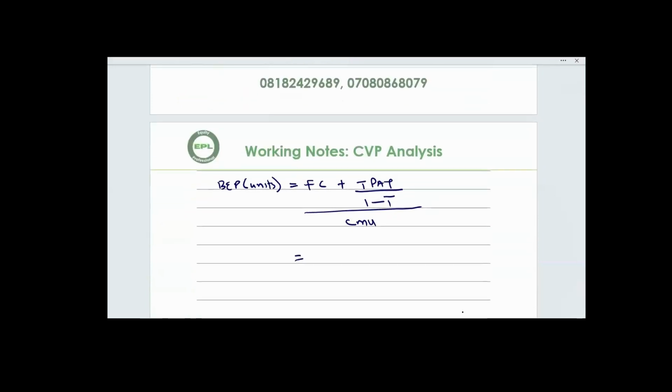Therefore, my fixed cost is 972,000 plus targeted profit after tax of 100,000 naira. Tax rate is 40%. 1 minus 40% will give 0.60. Then divide by 5 naira.